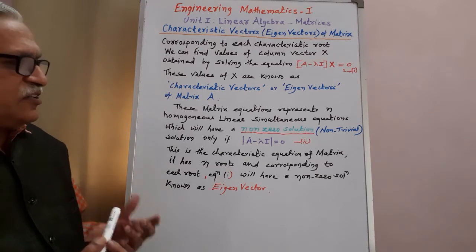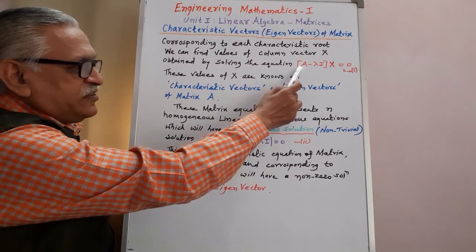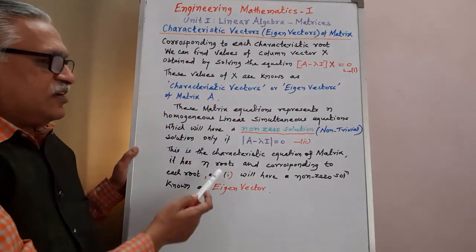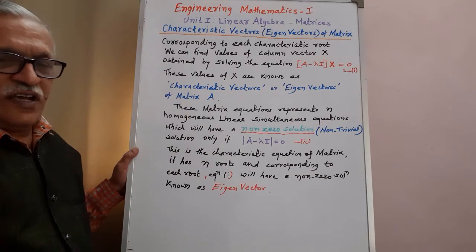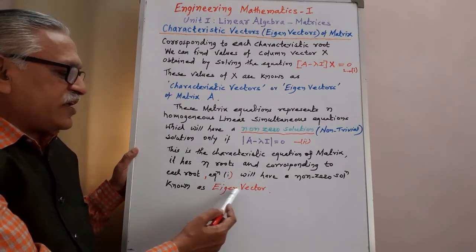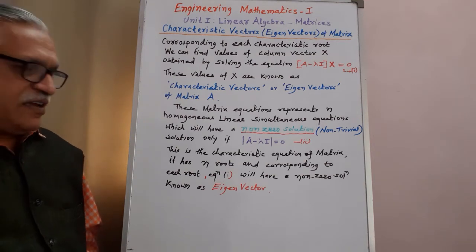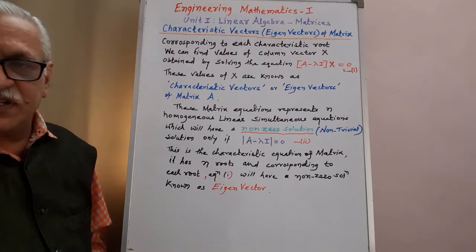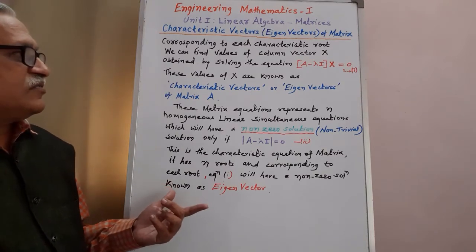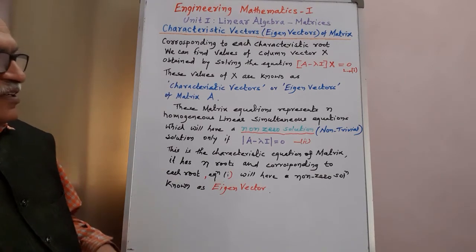Once again, in short, by solving this matrix equation we have to determine the non-zero solution, and that non-zero solution is known as eigenvector or characteristic vector. Let us try to solve some examples to determine eigenvectors.